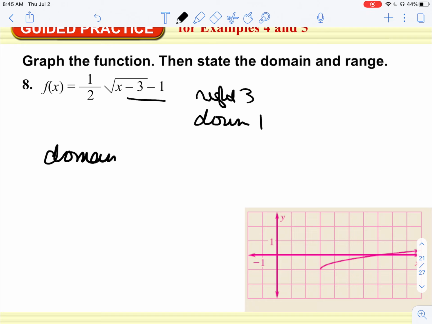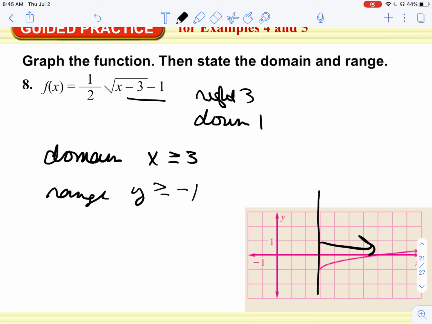So my domain is going to be greater than or equal to 3, and my range is going to be greater than or equal to -1. And we can see that just from the graph. So all the x values greater than or equal to 3, and then all the y values greater than or equal to -1.